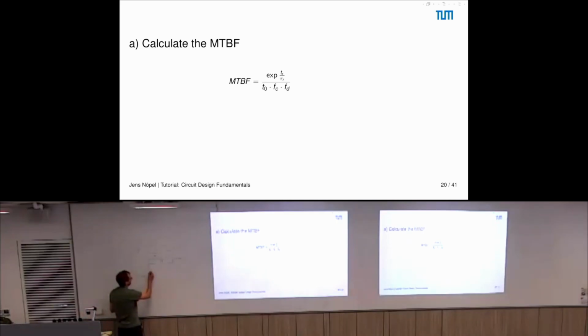So if the frequency of our sampling happens like this, it might be the case that we also have a sampling at that point in time, right? But this point in time does not happen during the small time window. So no metastability event can occur.